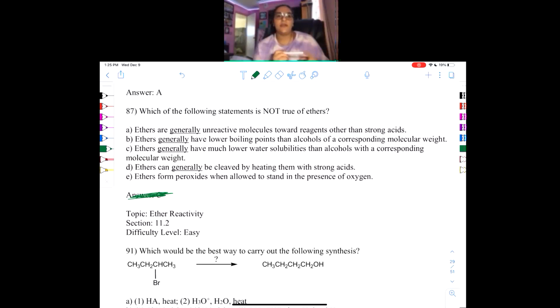We also know that ethers have a lower boiling point than alcohols and a higher solubility than alcohols. And we also know that ethers are going to be cleaved in strong acids. That's pretty much the same as A. So for that reason, we know that C is not true because C says that it has a lower water solubility.